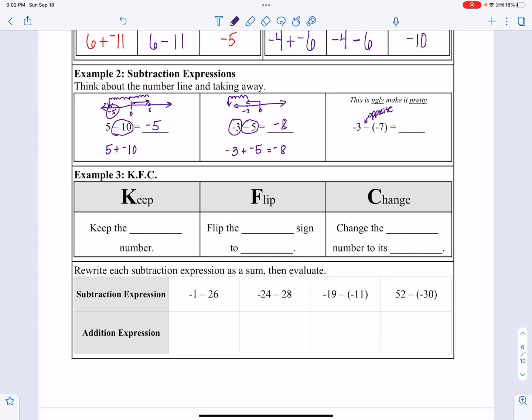So what's an opposite of a negative 7? Anything else gets confusing with this. But I just know the opposite of a negative 7 is a positive 7. And so I actually have this. Isn't that the same thing? So this is what we end up with, a negative 3 plus 7.